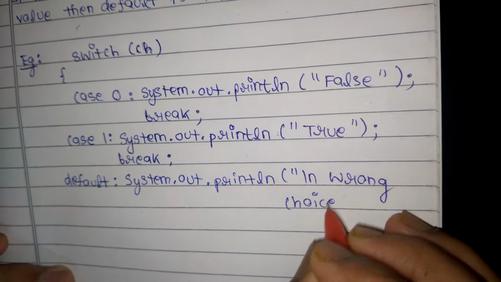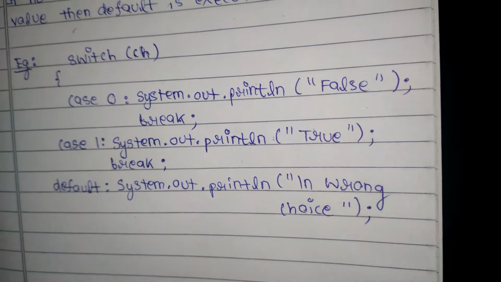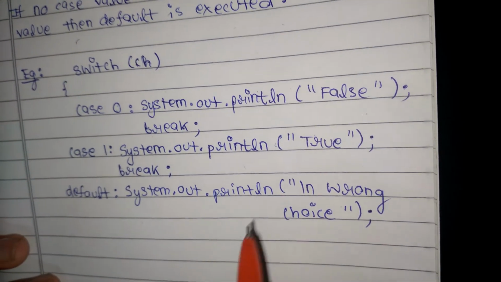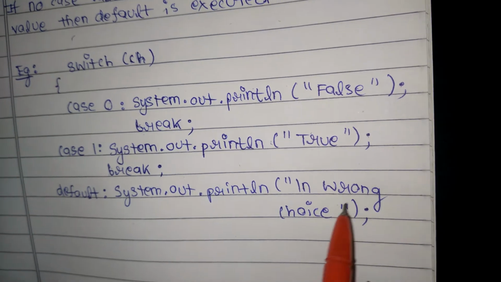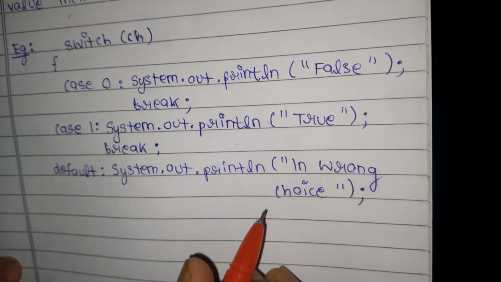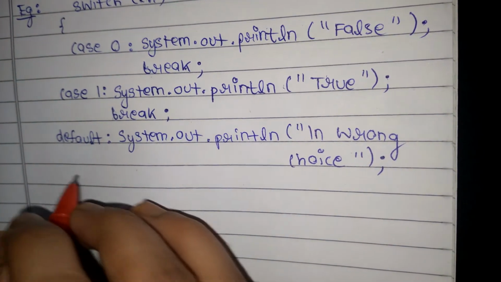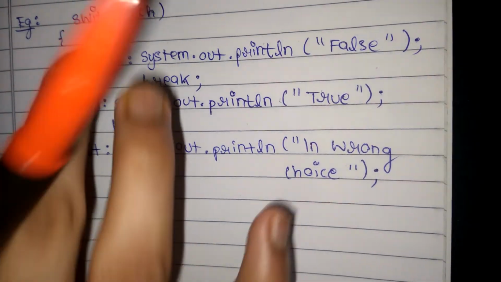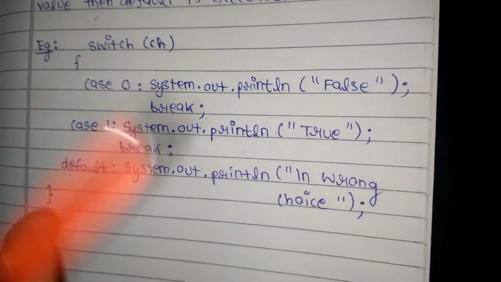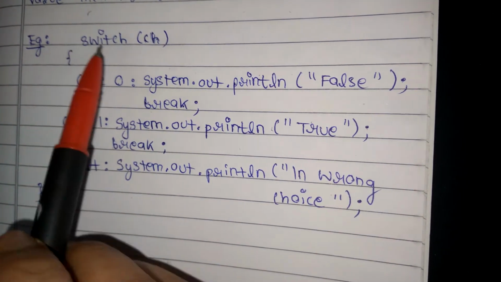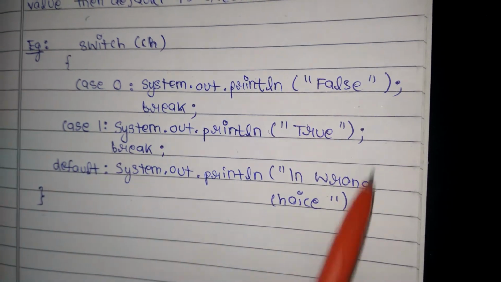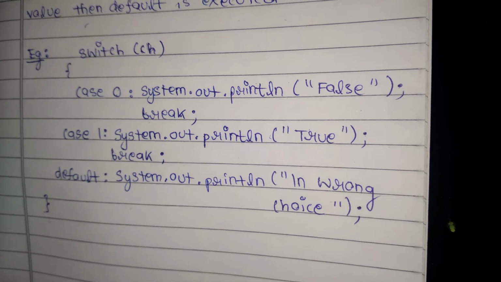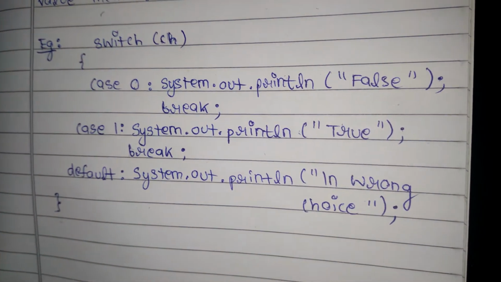You can give any statement as you wish, wrong choice or wrong answer or no answer. For my convenience I am giving wrong choice, so it will be easy for me to understand. Then bracket close. So friends, here I have given you a condition; through this you can make a program, but it is only a part of the coding, and through some example input values I am going to tell you about that.